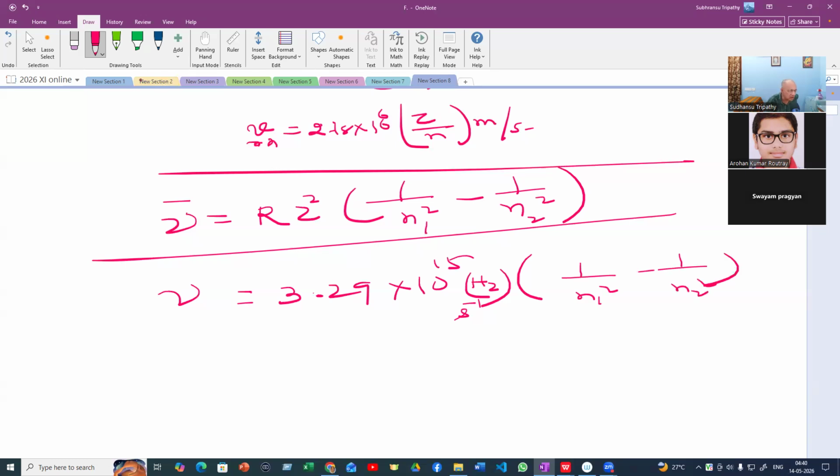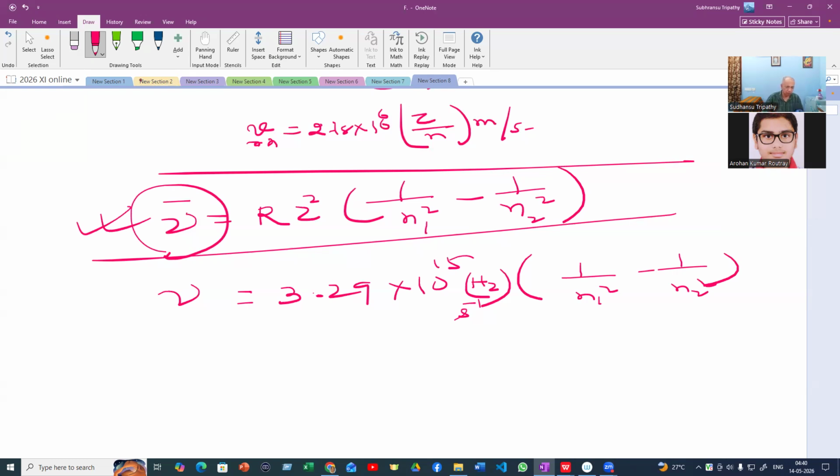But usually you are asked lambda. So get nu bar, take its reciprocal and convert to angstrom so that you can correlate. You know the eight different regions of the electromagnetic spectrum, so you can say which line falls in which region.